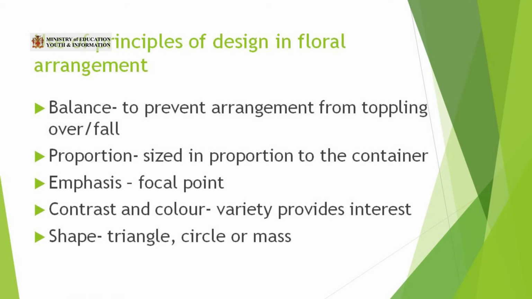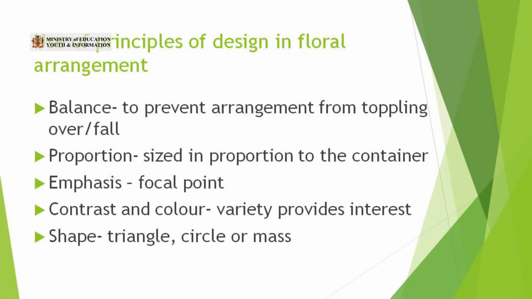You don't want a small container and big flowers. No, you don't. So we have to think about proportion. Number three, we need emphasis, and that is a focal point. So if you have 10 red flowers and 1 yellow flower, you're going to put the yellow flower in the middle as the focal point.